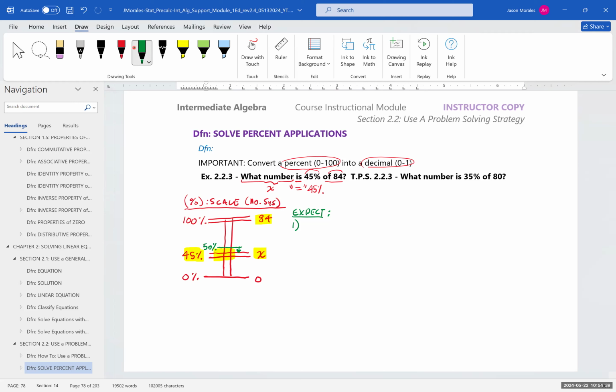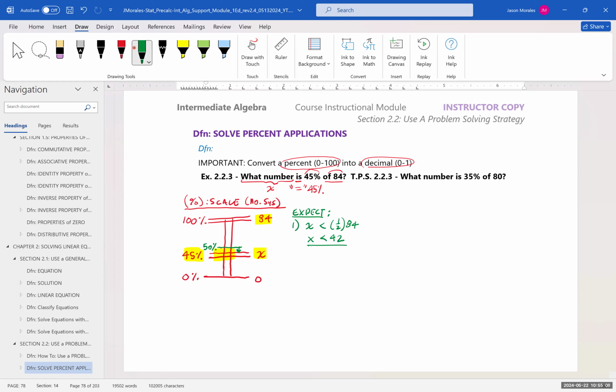So we can expect x to be less than 1/2 of 84, so less than 42. That's all we need for expectations. It'll be pretty good if we can find a value of x that's less than 42.